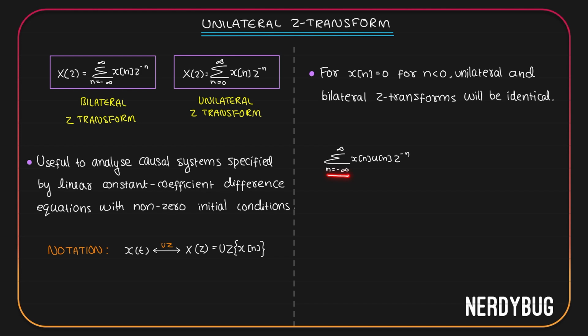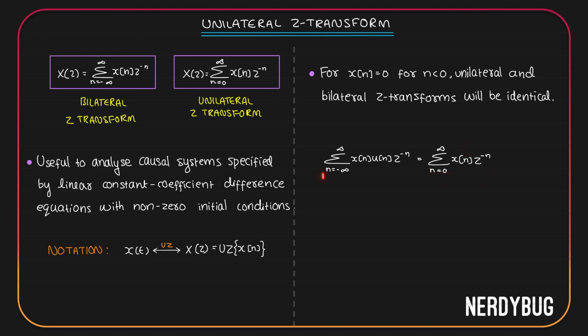We can just take it from 0. So this will be equal to the summation from n equals 0 to infinity of x[n] times u[n], and for every value of n greater than or equal to 0, u[n] is 1. So we can just put multiplied by 1, z^(-n). What we got over here is the unilateral Z transform of x[n].